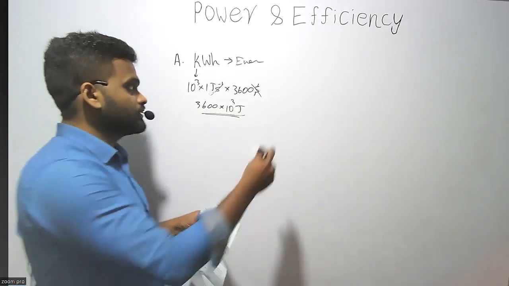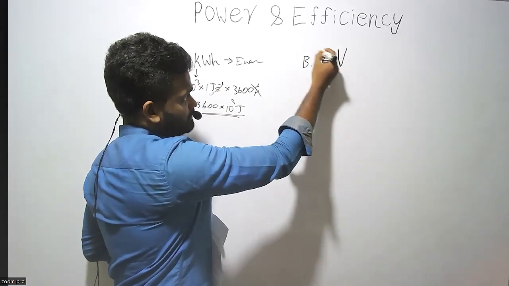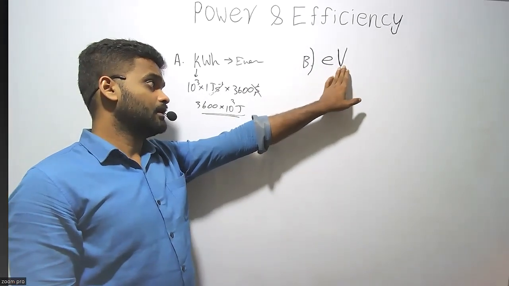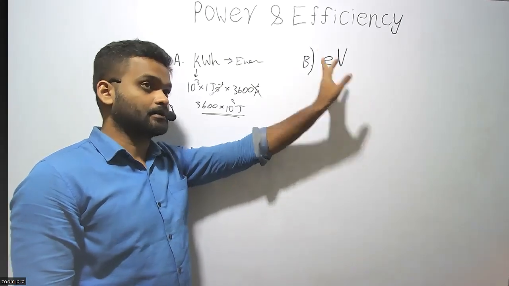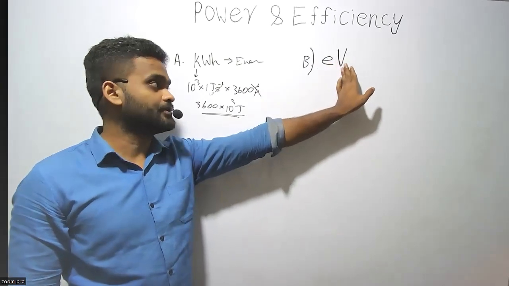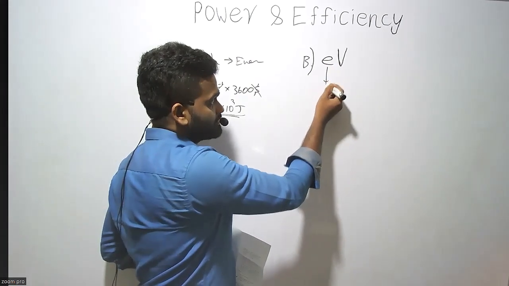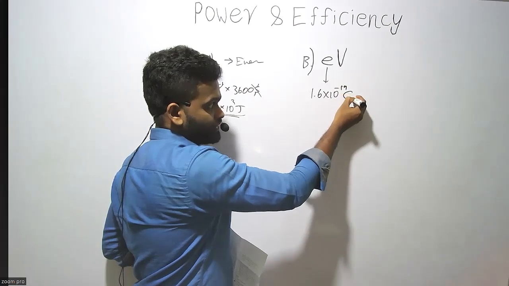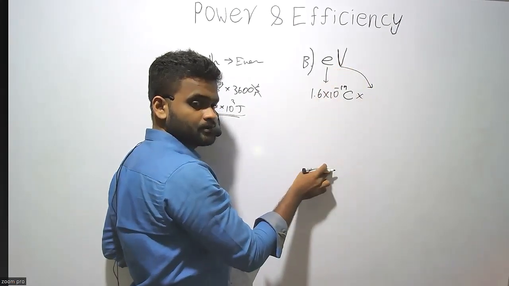Then let's move on to the second unit, that is electron volt. You might not be familiar with this one, but when you're doing the last lessons in the syllabus, like matter and radiation, many times you will see this unit, electron volt. I'll just explain this. Electron means e, the charge of an electron. So it is roughly this much coulombs, right? Charge is measured in coulombs. What you have here is volts.